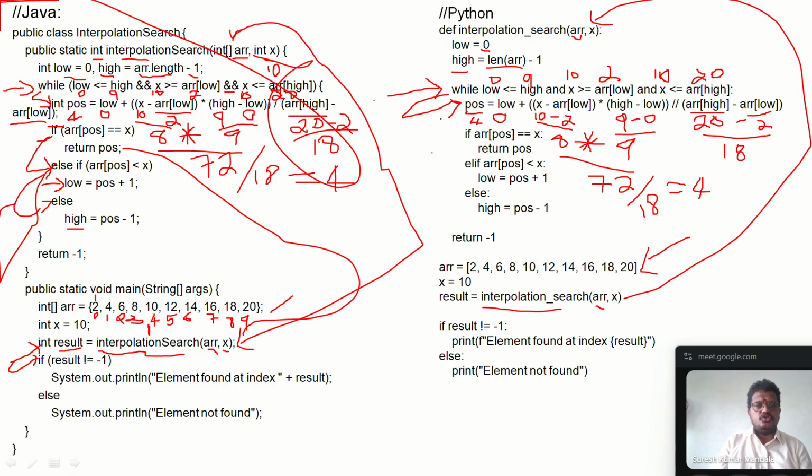Here the control comes to arr[pos], which means arr[4].